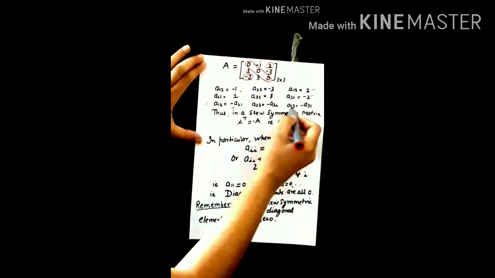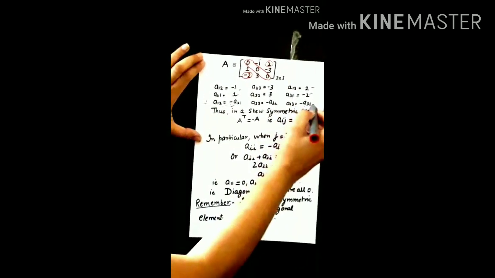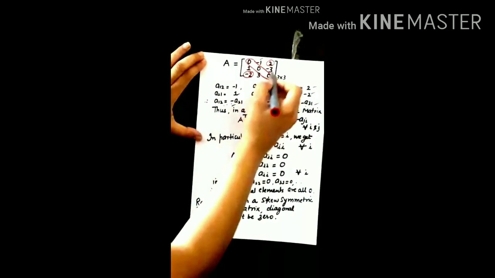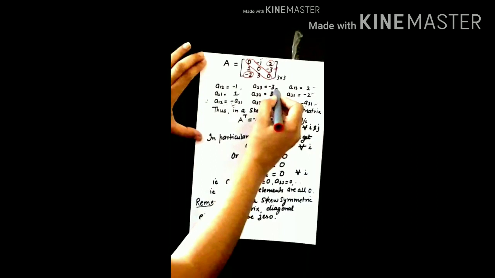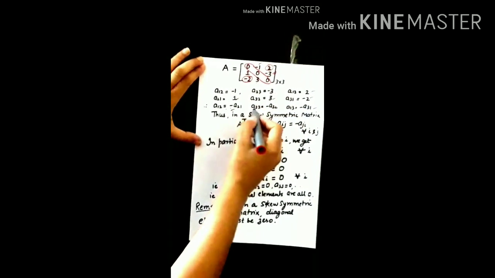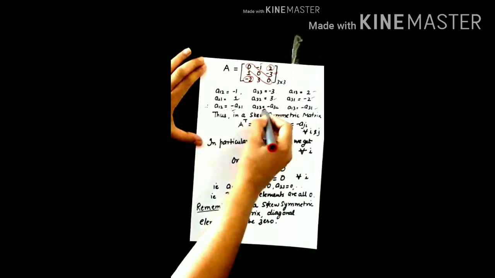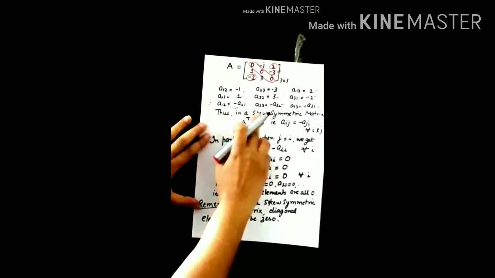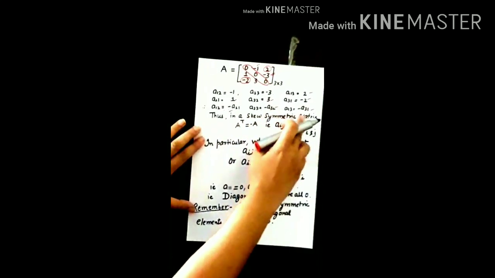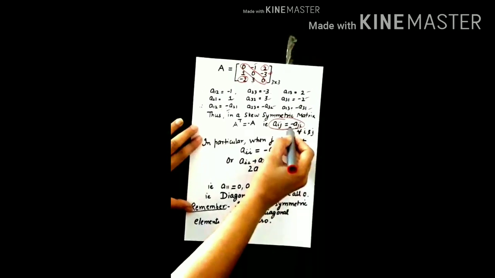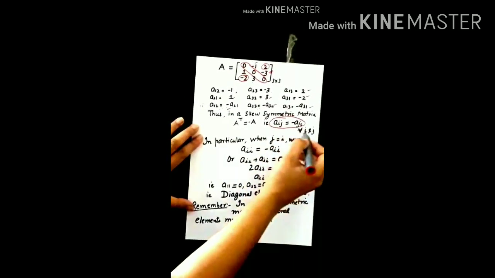So A13 is equal to negative of A31. A23 is equal to minus 3 and A32 is equal to 3. So A23 is equal to negative of A32. So thus in a skew-symmetric matrix, Aij is equal to negative of Aji for all i and j.